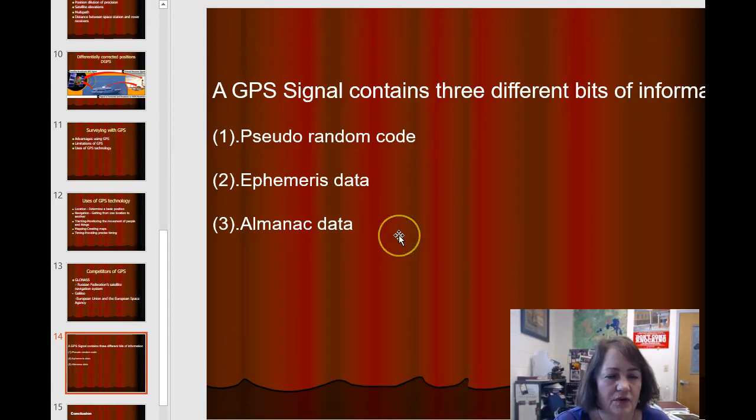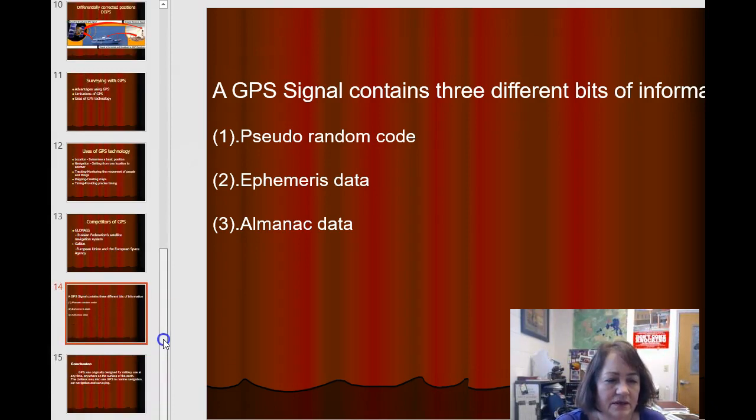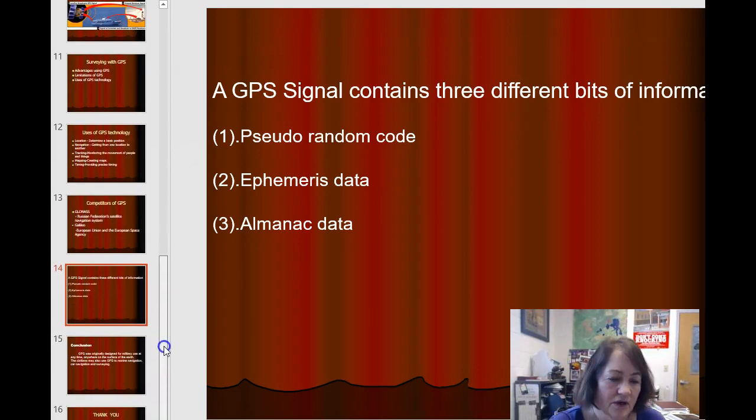All right, so like we were talking about, GPS has 3 different types of data in the signal. We have a pseudo-random code, the ephemeris data, and the almanac data. These are things to establish where it is and when it is. Ephemeris can be published manuals, but of course we're talking about digital ephemeris data at this point, similar with almanac.